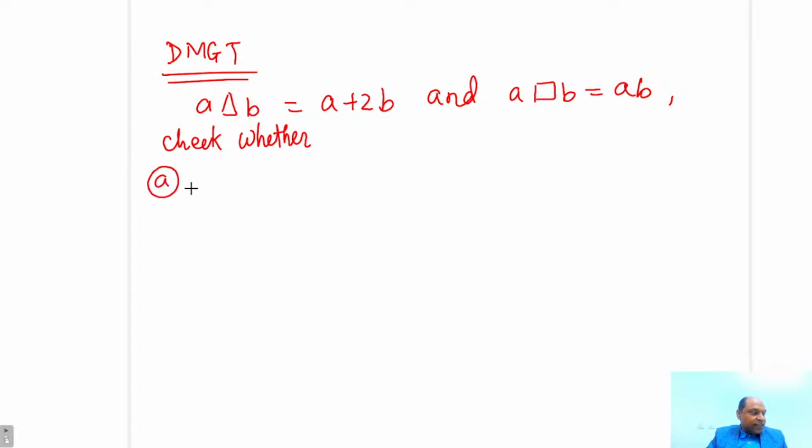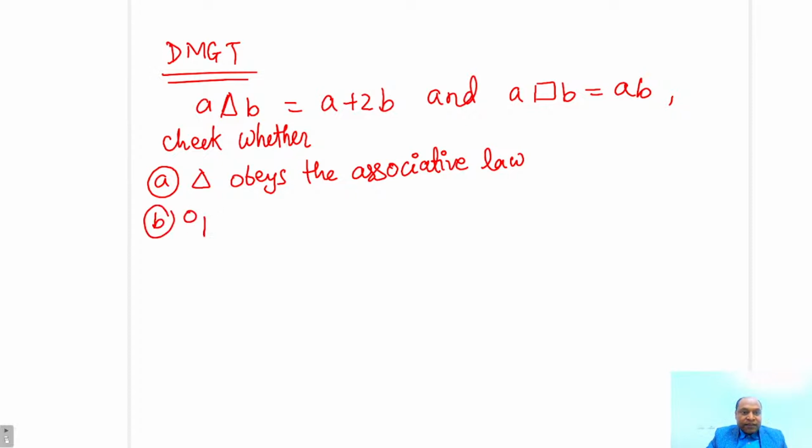Option A says that the triangle operator obeys the associative law. Option B says that the operator square over triangle obeys the distributive law.